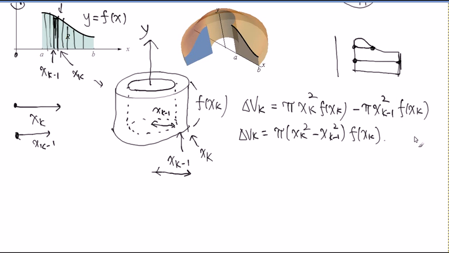How about that factoring part? Do you see how this xk squared minus xk minus 1 squared factored, like a squared minus b squared? xk minus 1, xk, let me do xk plus 1.